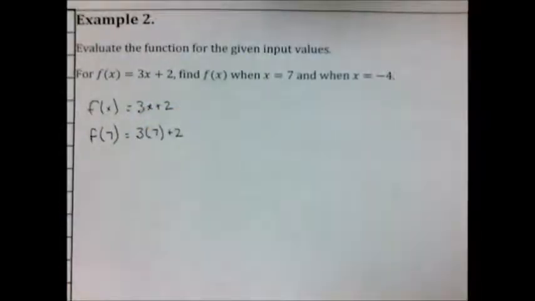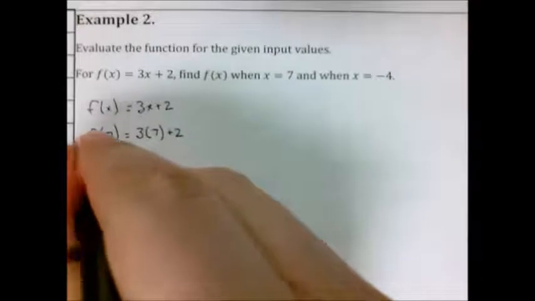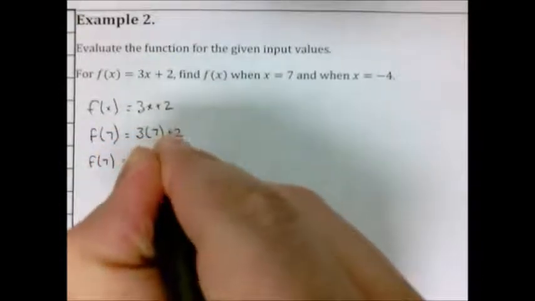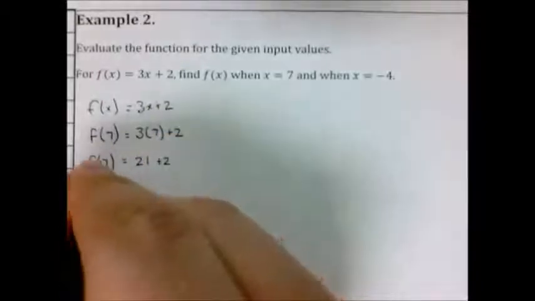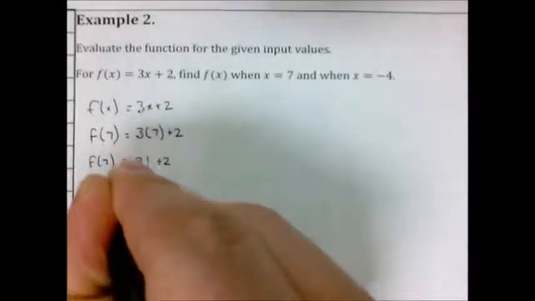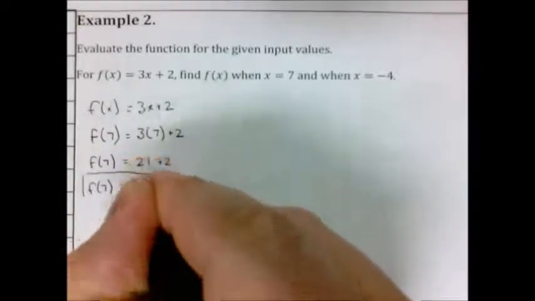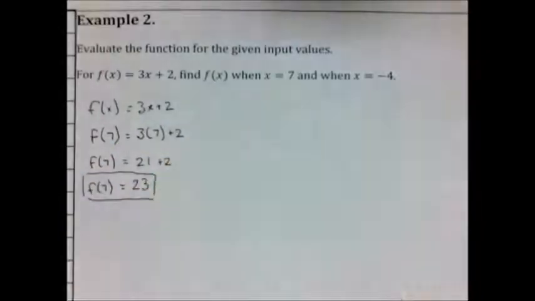And then it's just solving using order of operations. First, we're going to have to multiply. 3 times 7 is 21 plus 2. And so the function evaluated at 7 is going to end up being 23. So f of 7 is 23.